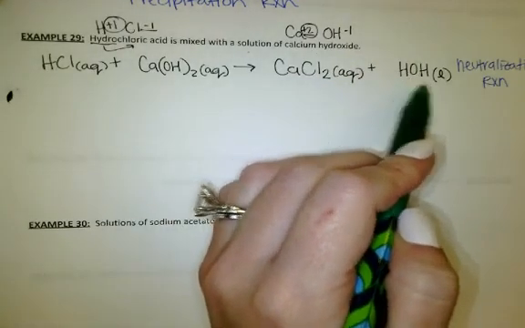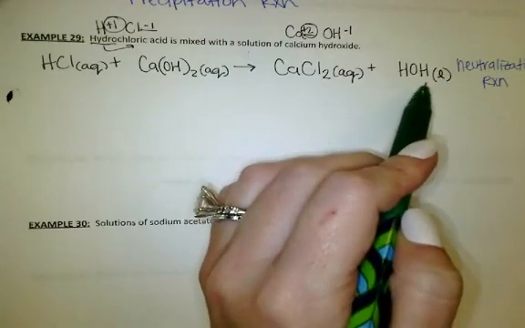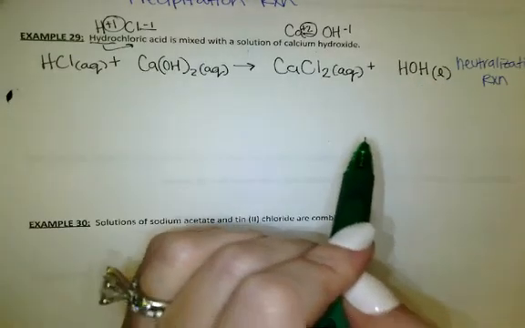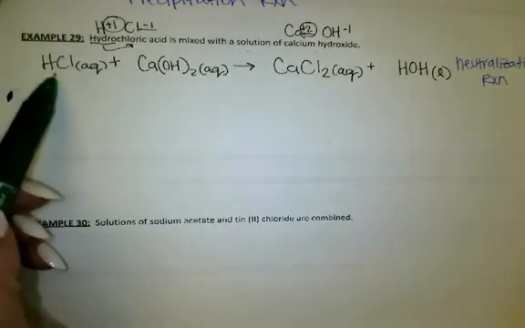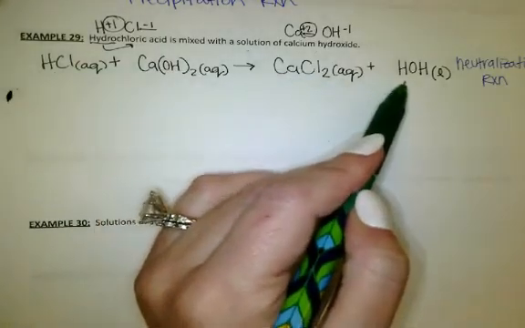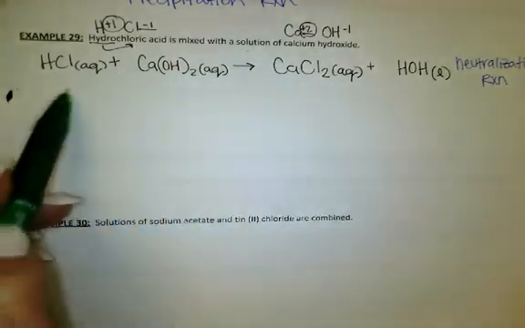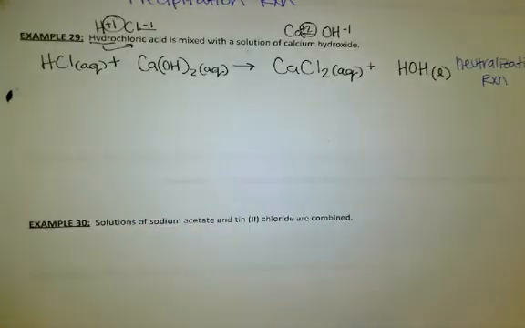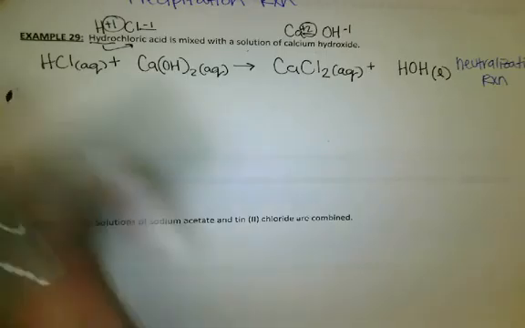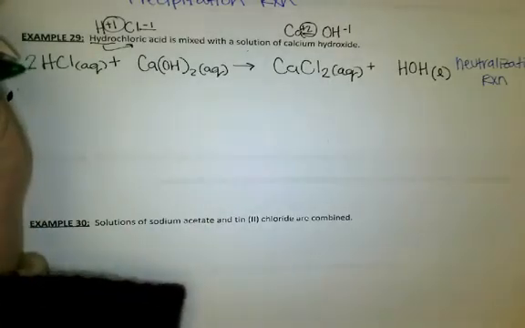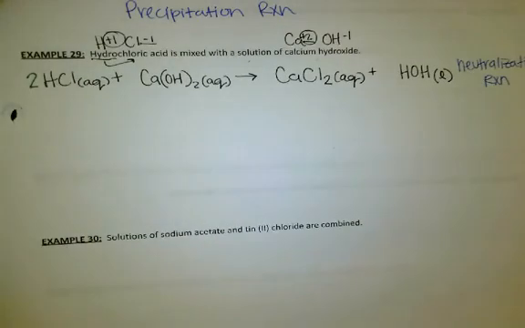So 1 hydrogen, 1 hydrogen, 1 chlorine, 2 chlorines. So I'm going to put a 2 in front of the HCl. That changes the hydrogens though, so I got to go back and balance the water. Put a 2 there.